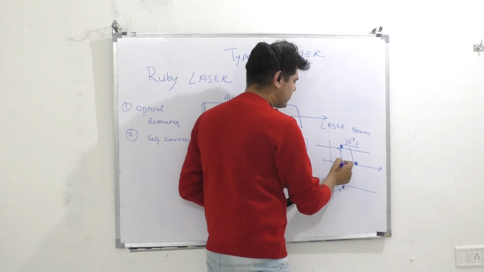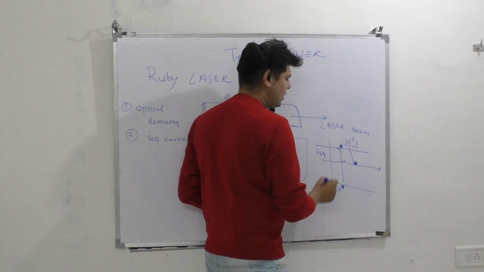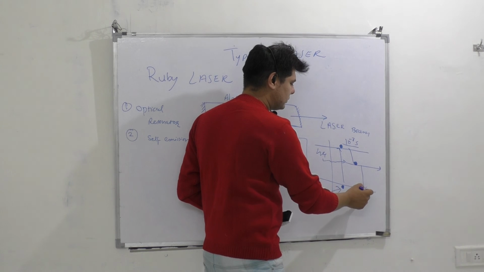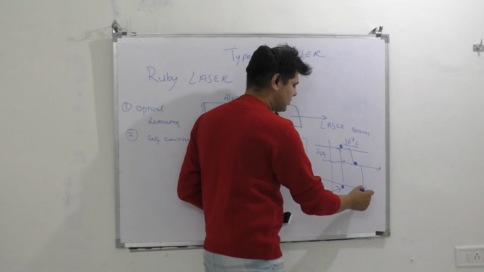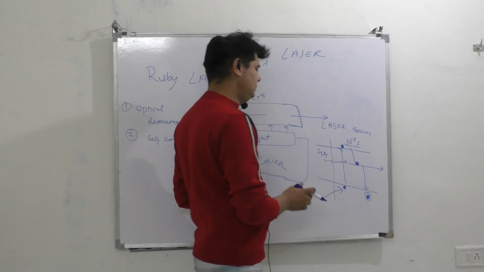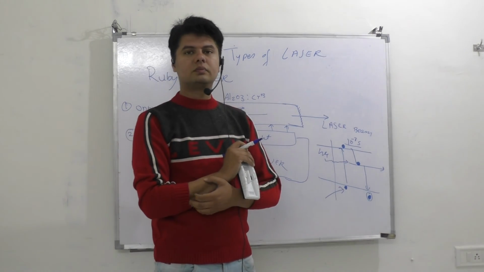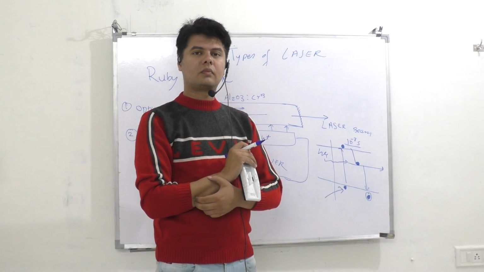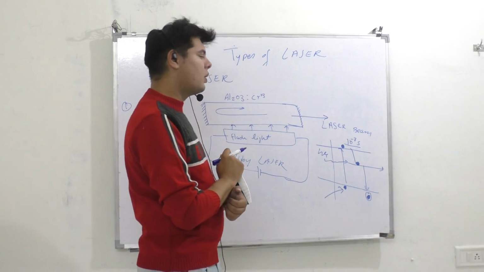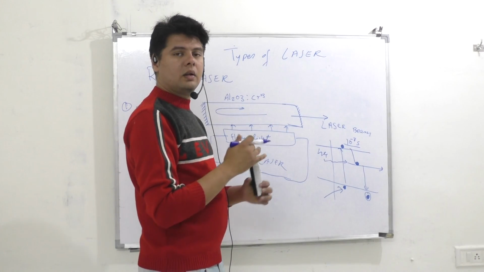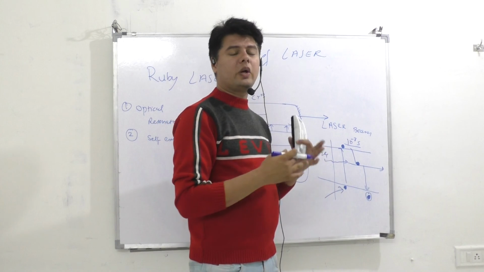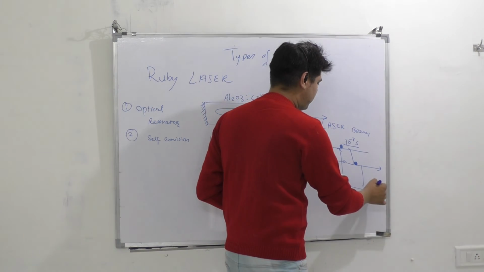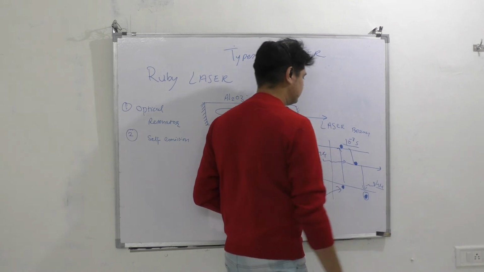So these self-emitted photons Hν will excite the electrons and they will fall down. This electron hole recombination will generate photonic energy, as we previously understood.